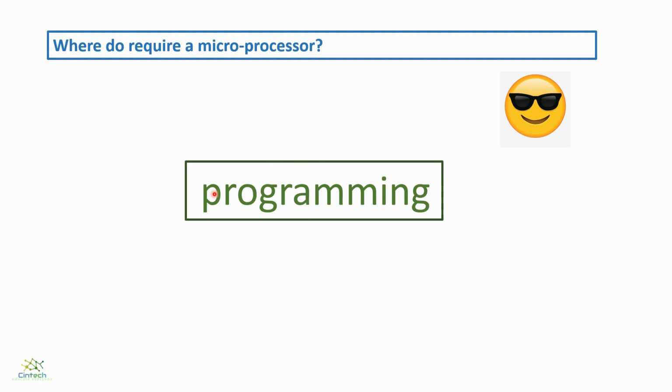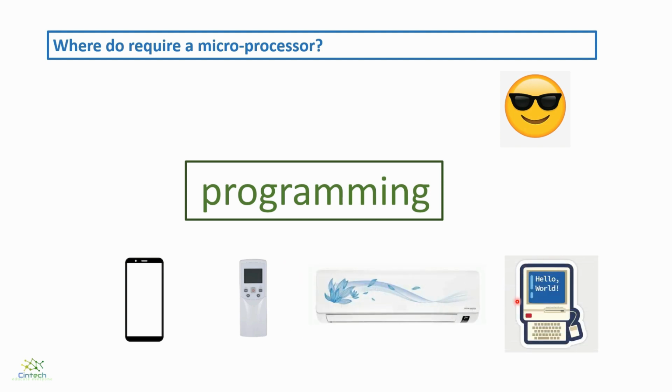So you see in your mobile phone or remote controller or AC, and obviously your computer have a processor. Why? Because when you press certain buttons, certain things happen, right? So someone has to tell the device what to do when a specific button is pressed. Who is that someone? Right, it's your MUPI.